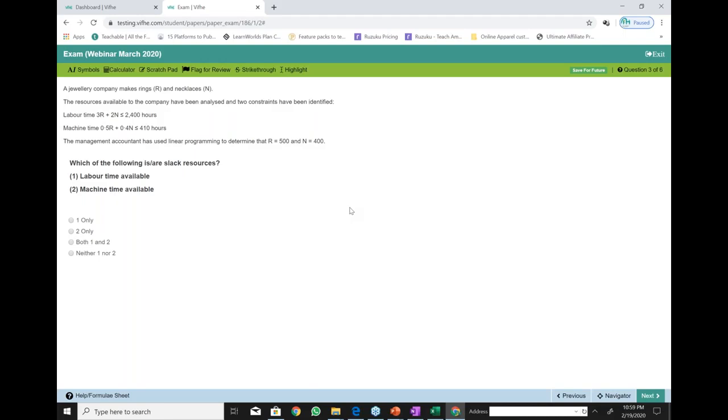The management accountant has used linear programming to determine that R is 500 and N is 400. Now, these are your answers, right?